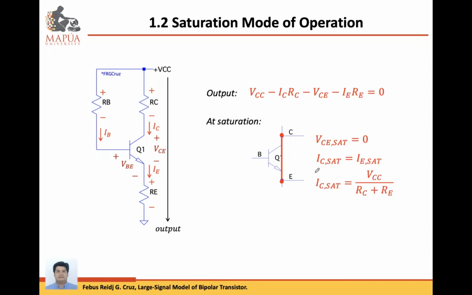Again, this is the maximum possible collector current. And it is equal to VCC divided by the total of the bias resistors at the output. So you have VCC divided by the total of RC and RE. Okay, please confirm if you follow. Yes po. Yes, sir. All right, thank you.